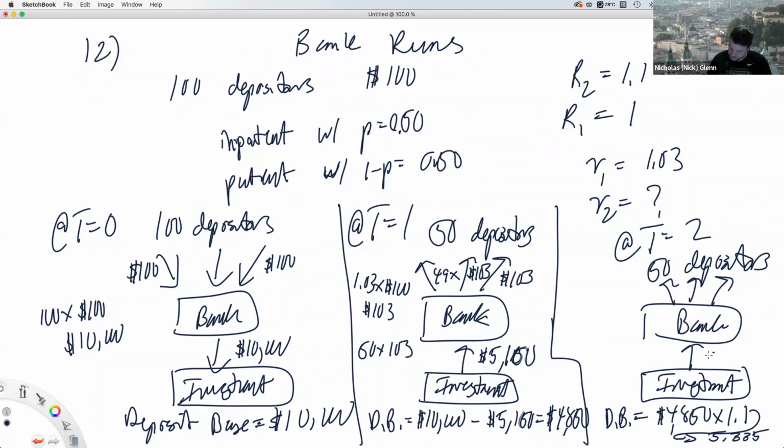There's $5,335 left. The bank will pull this all out and divide it up between these 50 depositors. So what do they get? 5,335 divided by the 50 remaining depositors. So they'll each get $106.70.